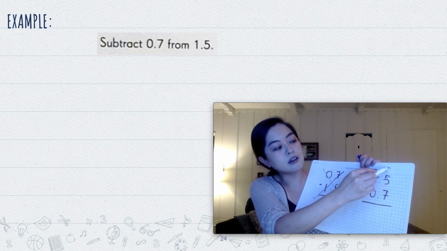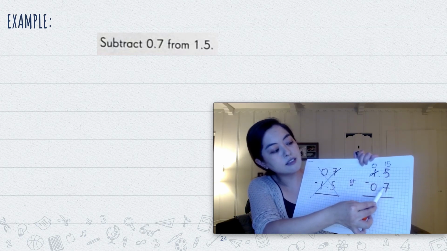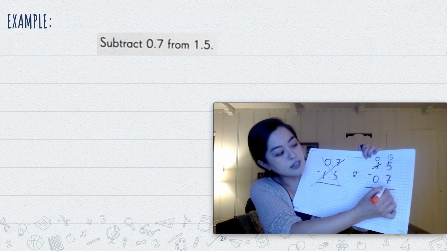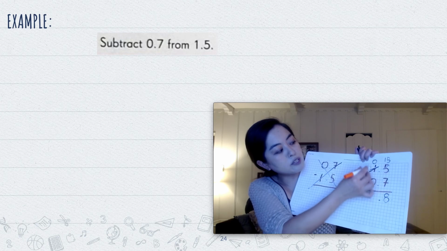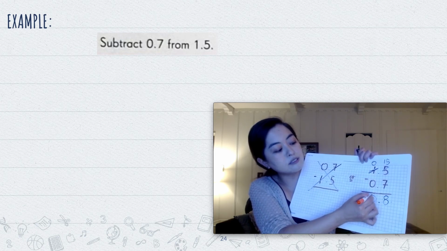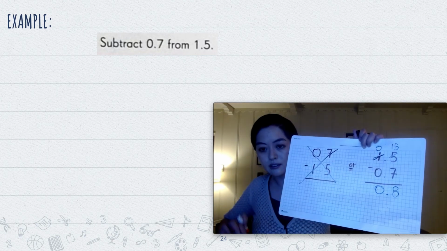So then this will become 15 tenths. Okay, so 15 tenths take away 7 tenths. Sweet, I can do it now. It's 8 tenths. Okay, and drop the decimal point. 0 ones take away 0 ones is 0 ones. So your answer is 0.8.